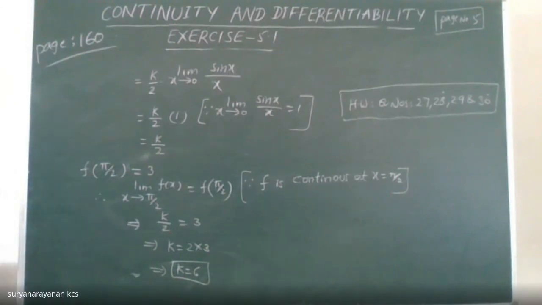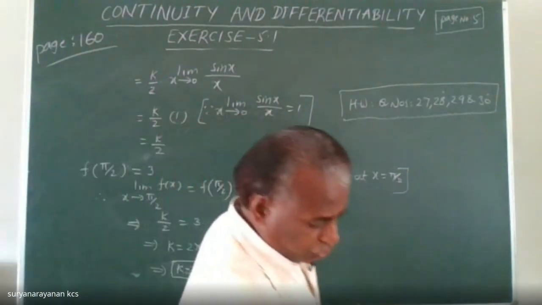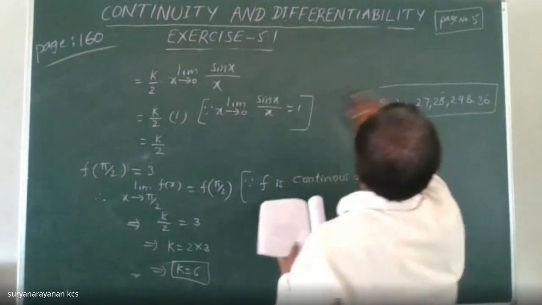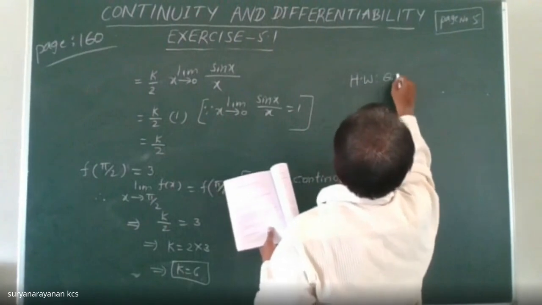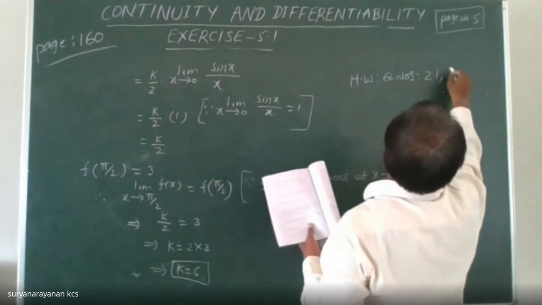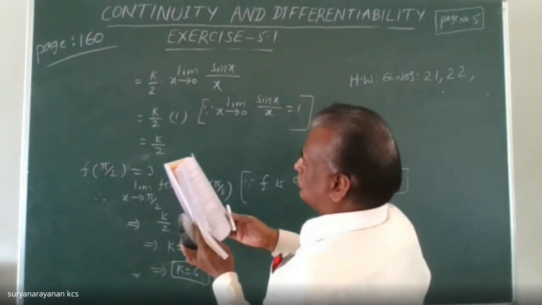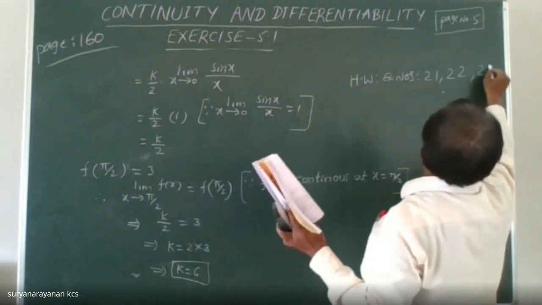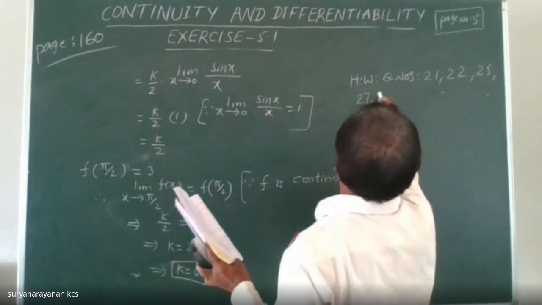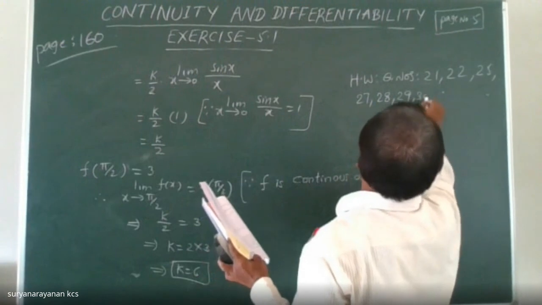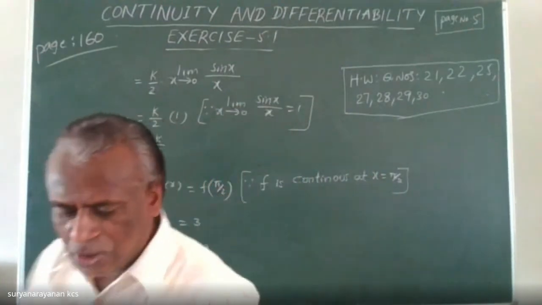21, 22, 25, 27, 28, 29, and 30. These are the homework sums.